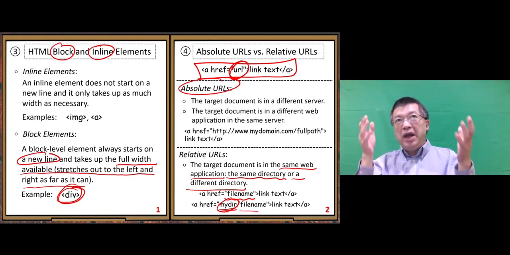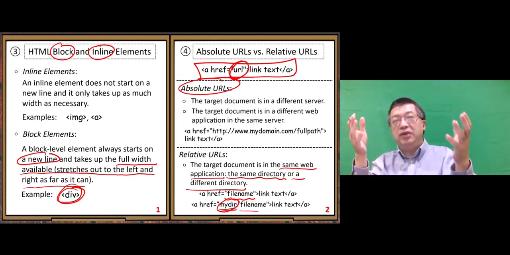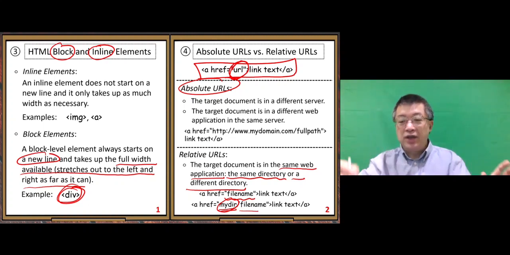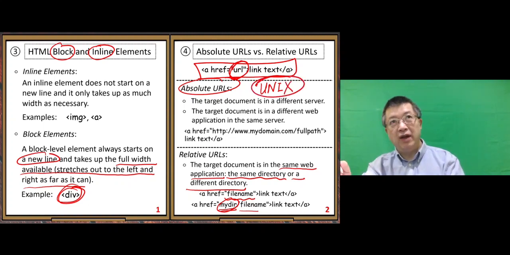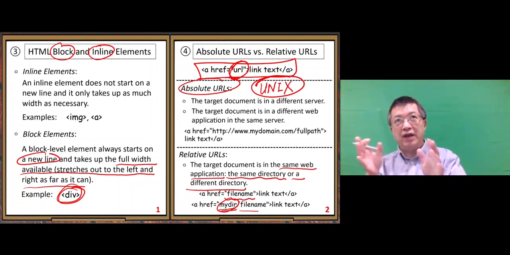But if it's a different parent directory, you need to have some Unix background. I don't know if you have taken that Unix course or not. In Unix, how do you access files in a different directory?